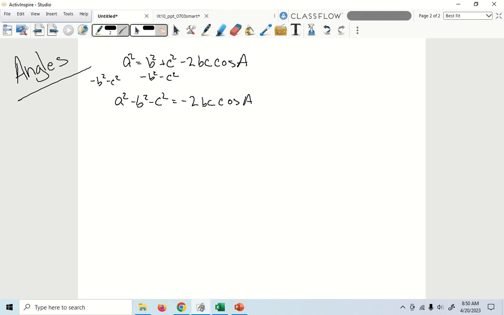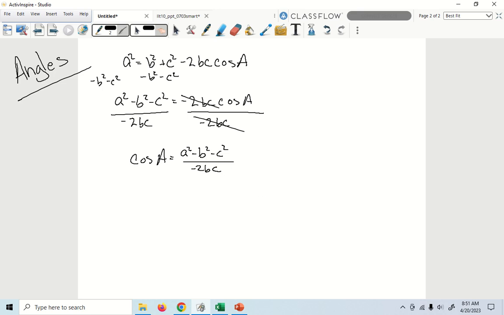Multiplying. How do I undo multiplication? Let's divide. So those cancel out, and I'm going to rewrite it because I like having my cosine first. So cosine of A is equal to A squared minus B squared minus C squared all over negative 2BC.